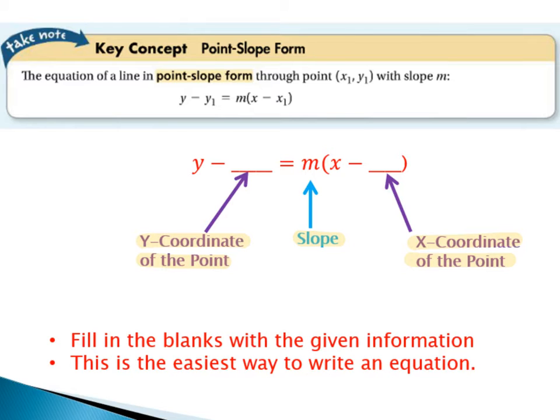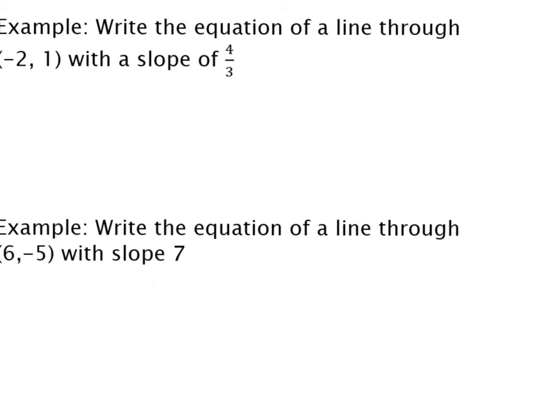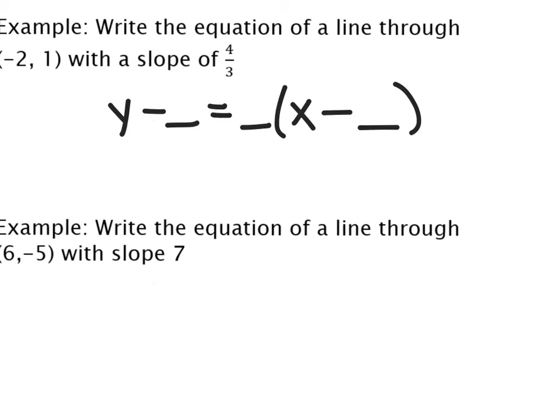For our first example, it says to write the equation of a line through the point negative 2, 1 with a slope of 4/3. Now the easiest way to do this is to rewrite our point-slope form with the blanks. So it's y minus the blank equals the blank times x minus the blank. Now we're going to fill this in. So our slope goes in the blank next to the parentheses.